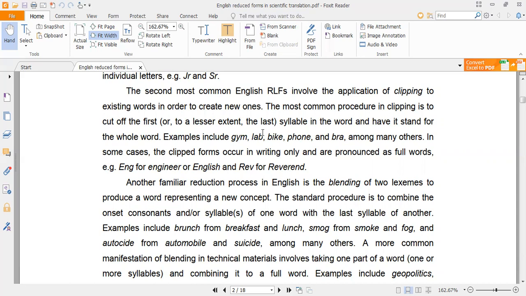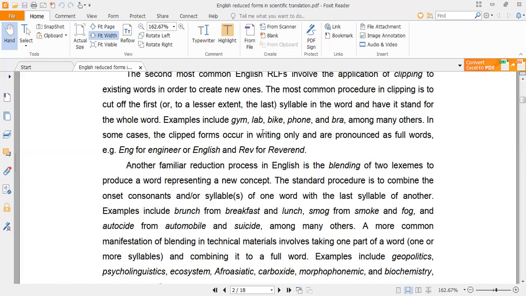Bike is taken from bicycle, phone is taken from mobile phone, and so on. So clipping means cutting the first syllable from the word, and we use it as an identical word for the original one.